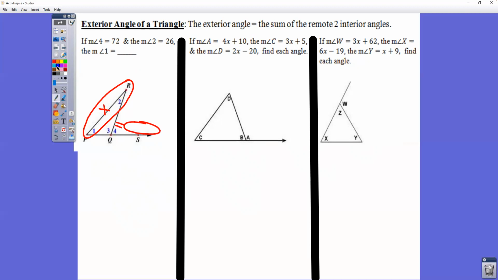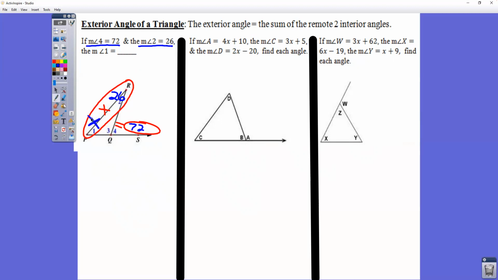So let's sub in what we're told. We're told the measure of angle 4, that's what that M means. The measure of angle 4 is 72. So this angle is 72. The measure of angle 2 is 26. So this angle is 26. Find the measure of angle 1.